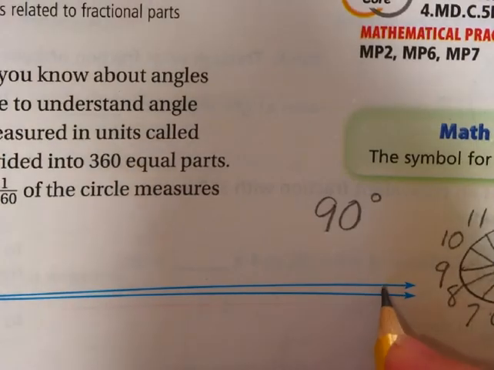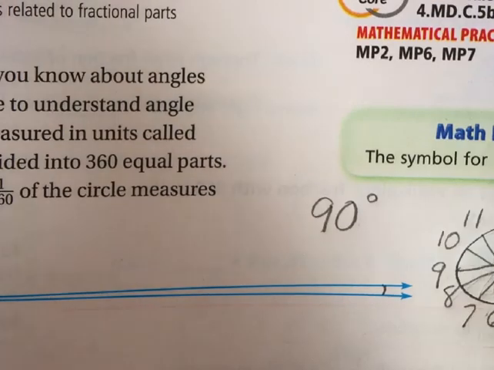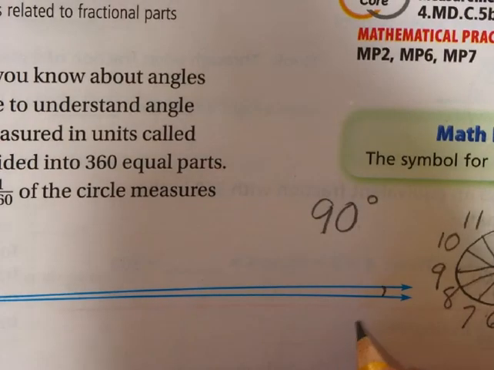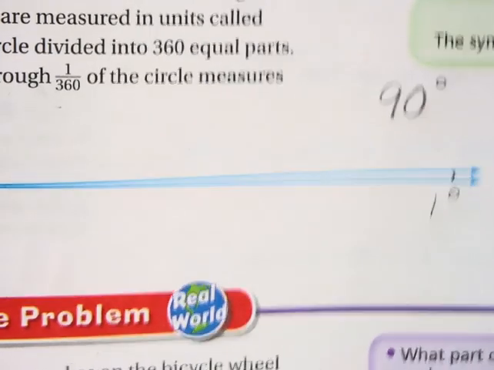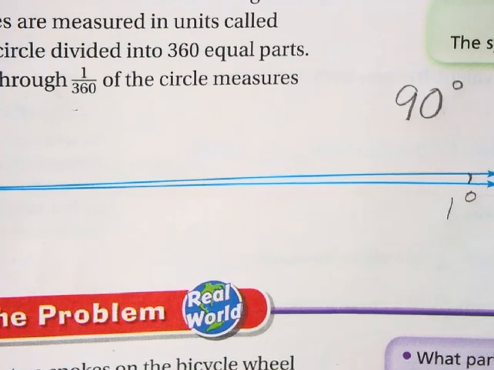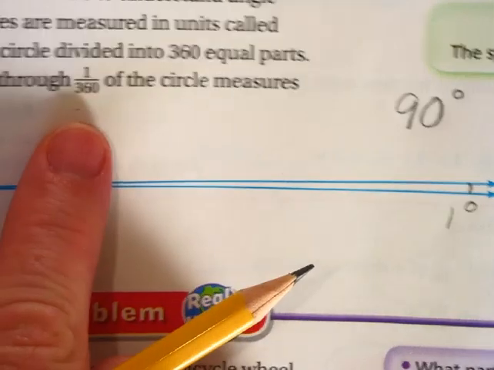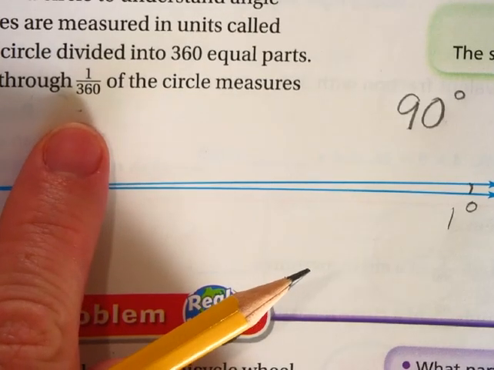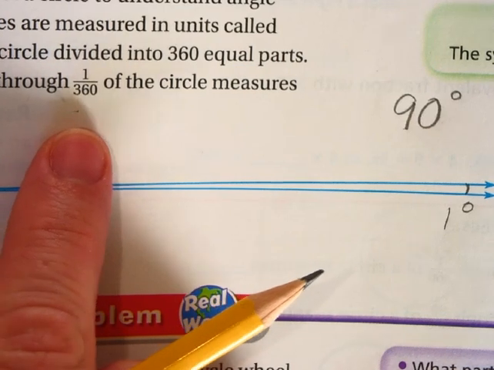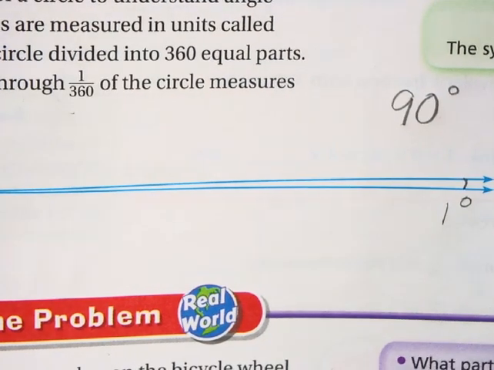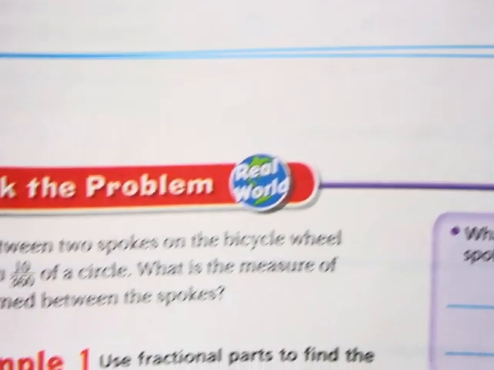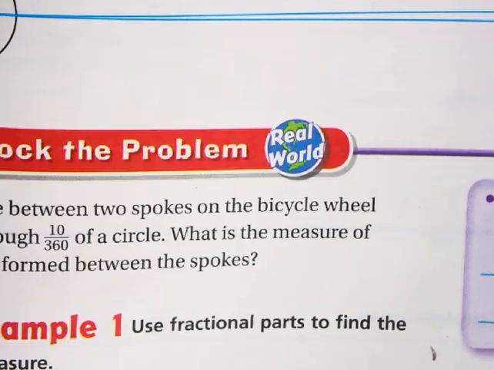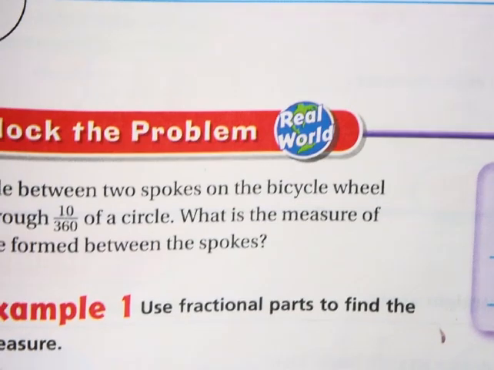And this angle does not measure 90 degrees, it measures 1 degree. All right, this is making sense. And 1 degree equals 1/360th of the circle. Okay, so I'm already seeing how those fractions relate to the units called degrees.